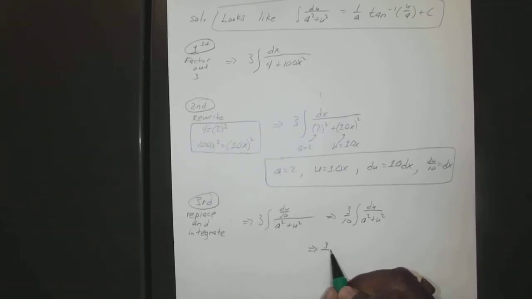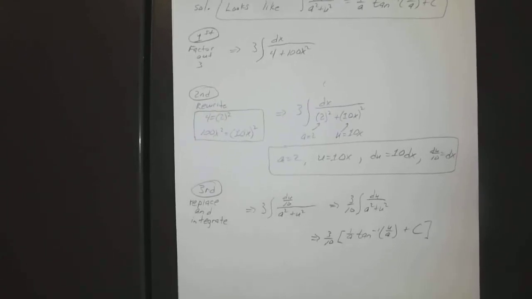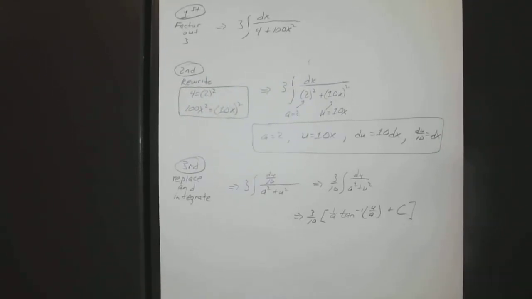Which is 3 over 10 times 1 over a times tangent inverse of u over a plus c. And if you wanted, you can leave the plus c on the outside, because 3 over 10 times a constant is still a constant, so you don't have to add it there.